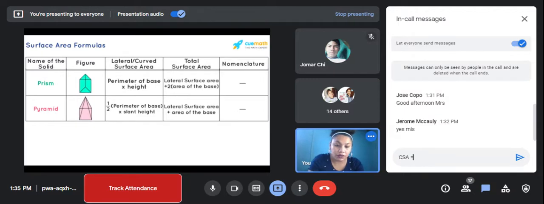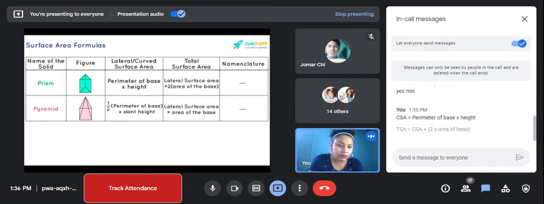CSA is equal to the perimeter of base times the height. Your total surface area, the one that we want, is the CSA plus 2 times the area of base. That is all we're going to be using right now. Everybody has that down? Can I move on to the Jamboard?